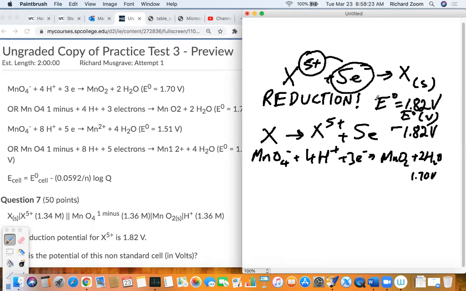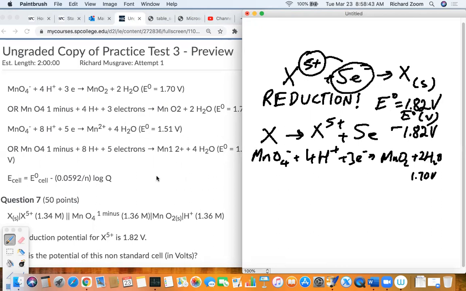Why was it the first equation and not the second one? What are you asking about, Alexis, exactly, when you say first and second equation? The one with the 1.70 volts and the one with the 1.51 volts. Oh, okay.